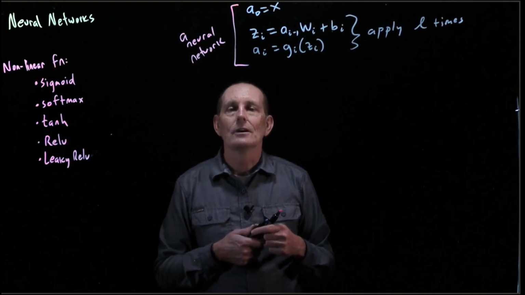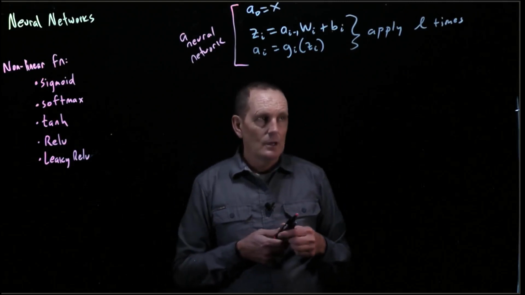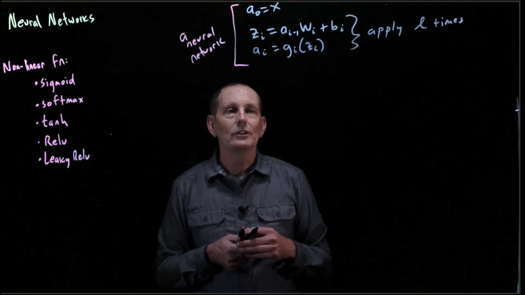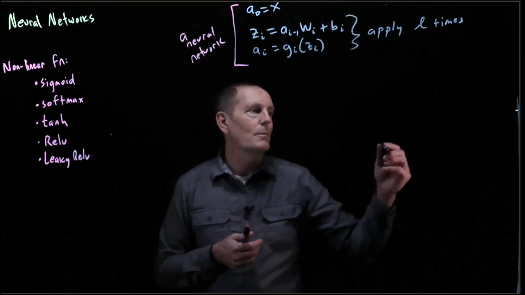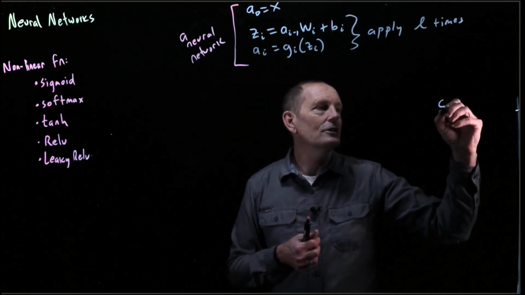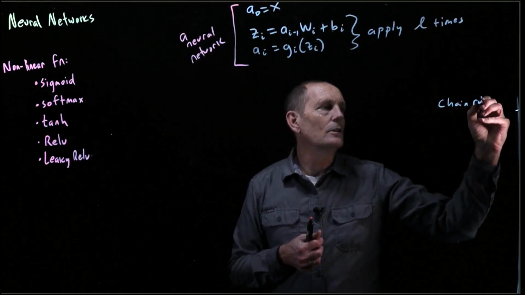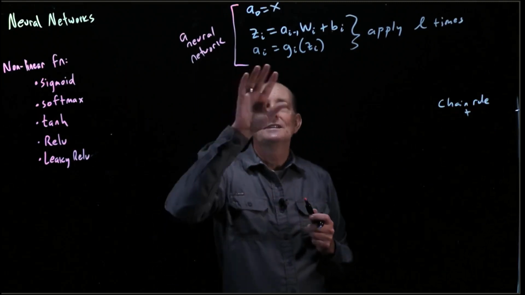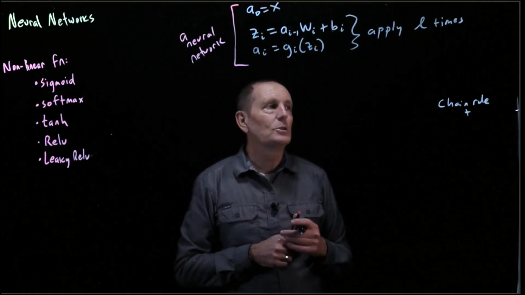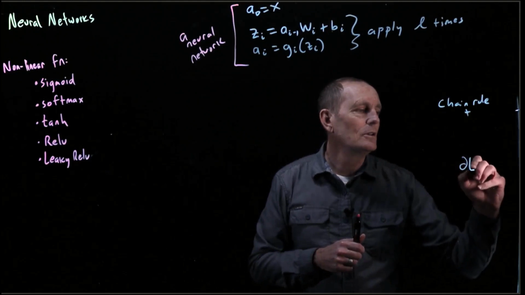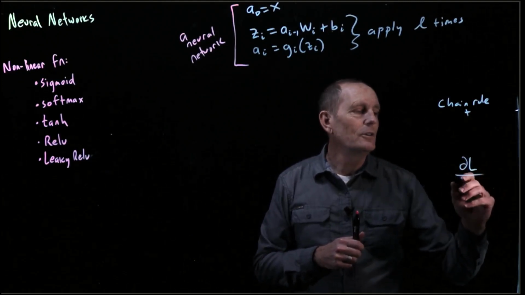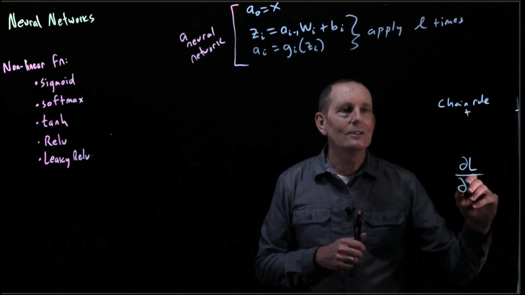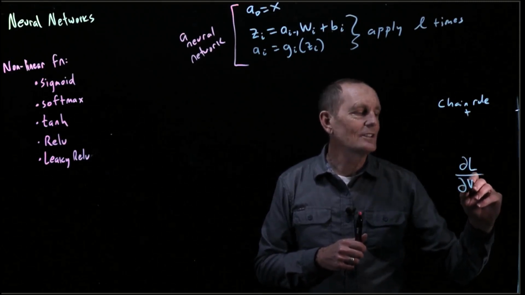calculations of the gradients change somewhat. These calculations of gradients, by the way, as a preview, are really just a matter of going ahead and using the chain rule. Plus, we have so many different gradients to compute, right? We're trying to compute the partial derivative of L with respect to every single weight matrix component.